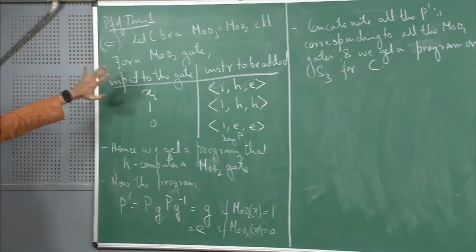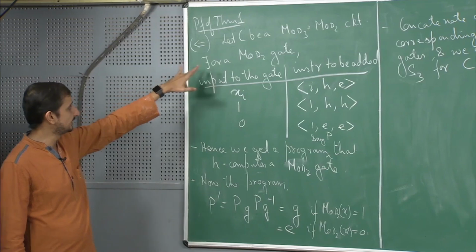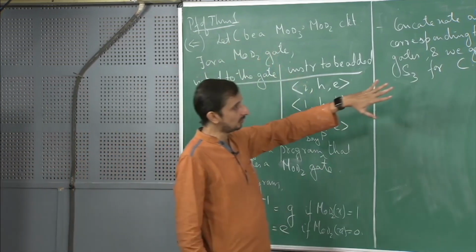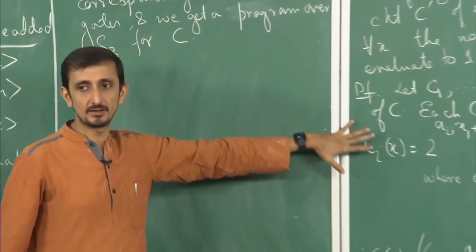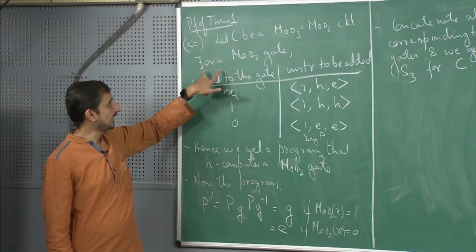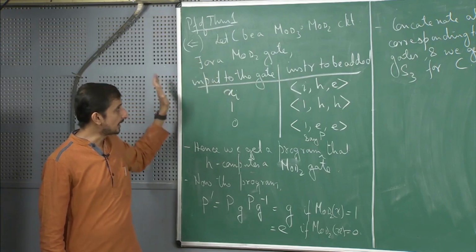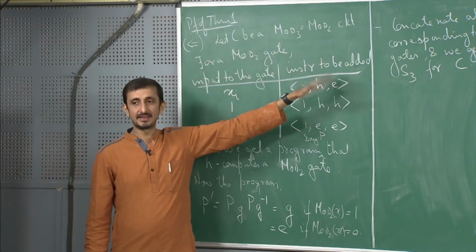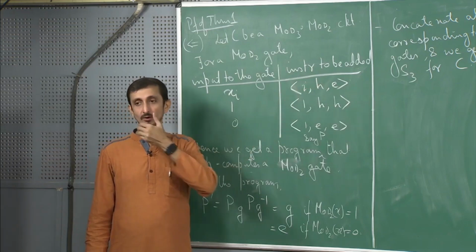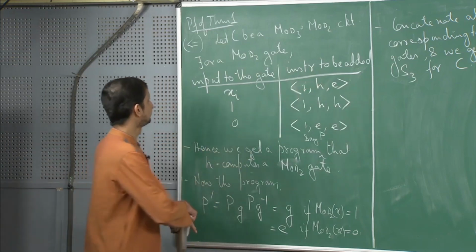Okay. So yeah, one more thing that I should have mentioned here. So this circuit C that we assume, we also apply lemma 3 before we take this circuit, and we assume that the number of mod 2 gates that evaluate to 1 is either congruent to 0 or 1 mod 3. Okay.